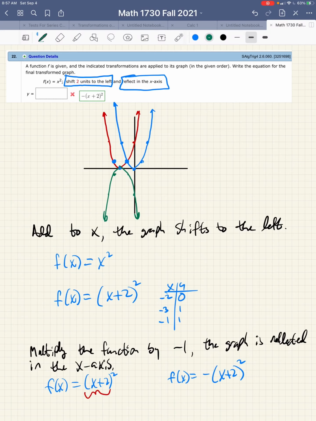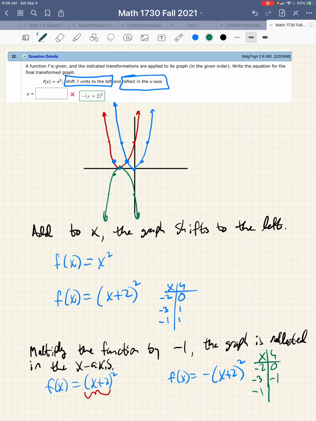And again, we could verify that with some points. If I put the same values in for x, negative 2, negative 3, negative 1: if I put negative 2 in for x, I'm going to wind up with 0 for y. If I put negative 3 in for x, now I'm going to get negative 1 for y, because the negative will be applied after the square.